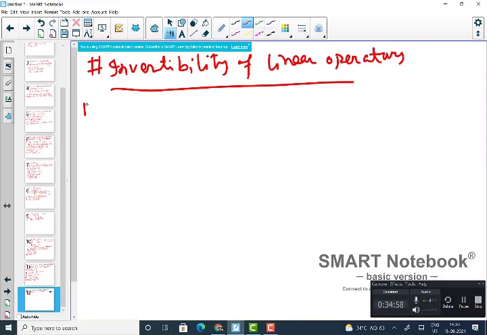You don't need linear operators, you can have different vector spaces also. So suppose we have T1 from V to W.